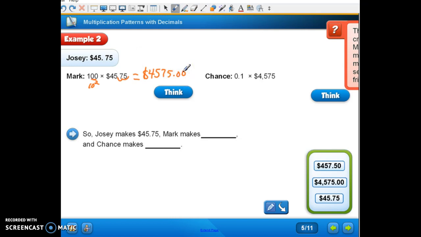Chance makes 1/10 of that. Maybe I should have hit the think, huh? So 1 times 45.75. Do they have these on there for you? Yeah. Okay. Let's go through them then. And then 10 times, that's going to make us move it out 1 place.